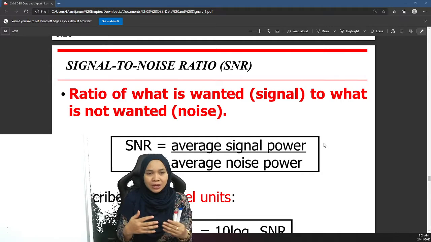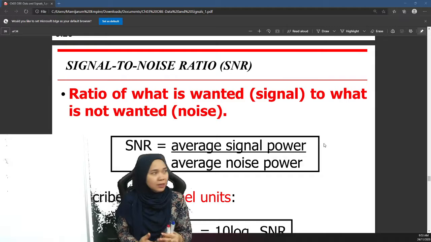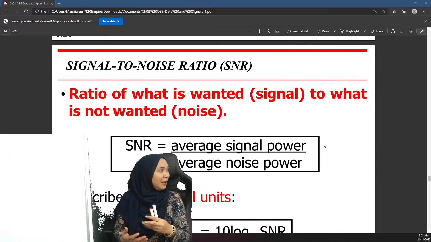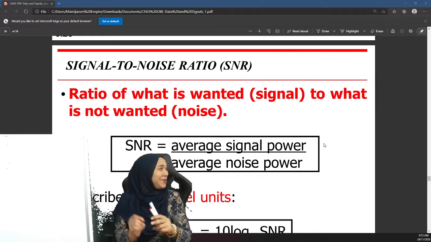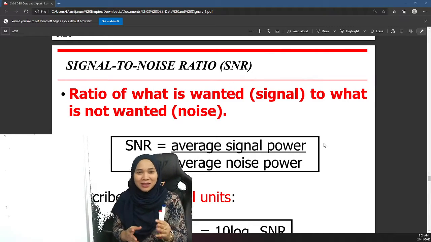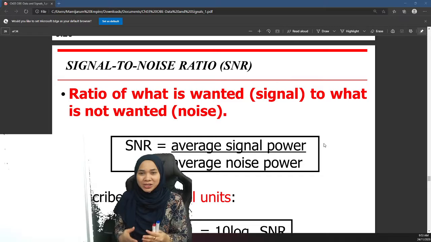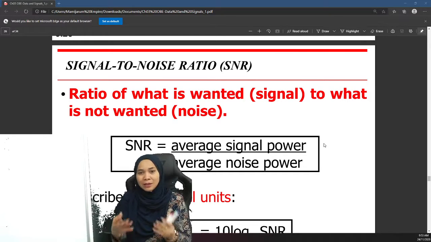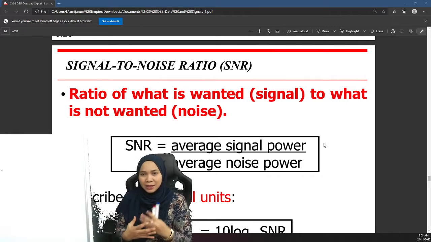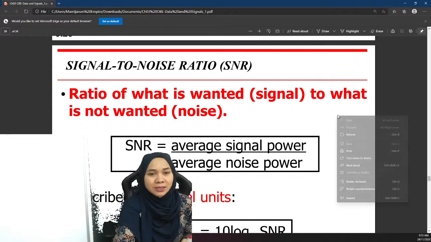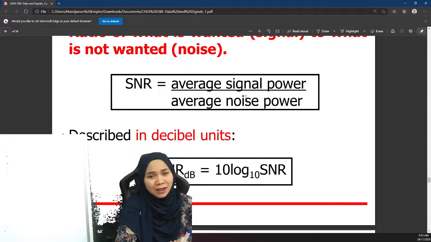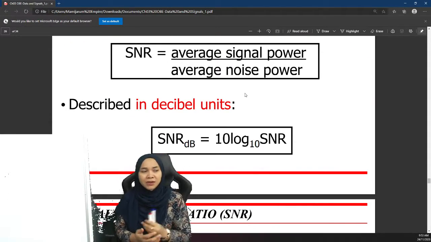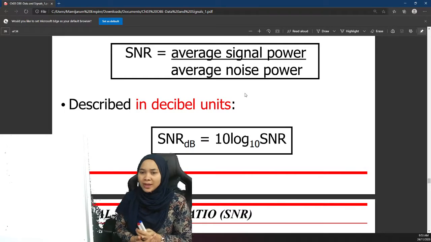It is the ratio between the signal that we should get, what is wanted, divided by the noise, what we actually get at the end. That is SNR. It is measured in decibel units. The formula is SNR dB equals 10 log 10 SNR.